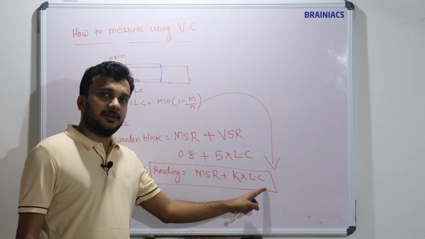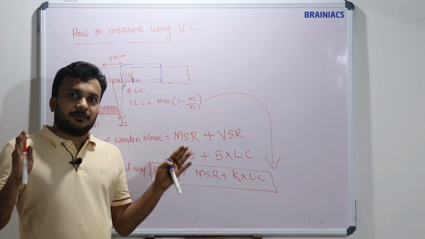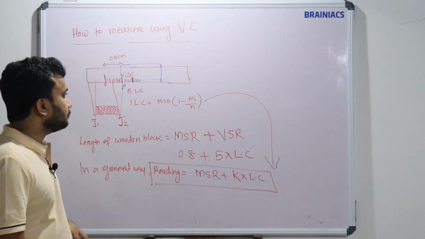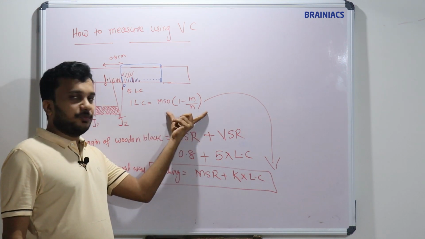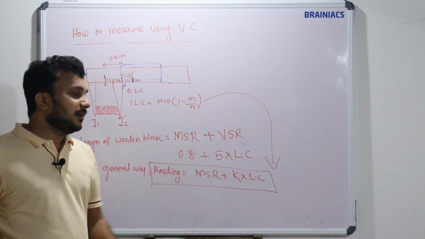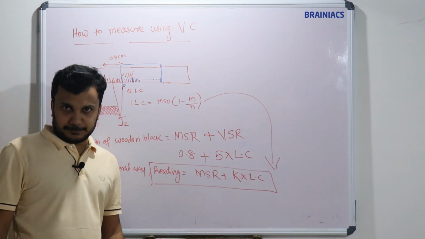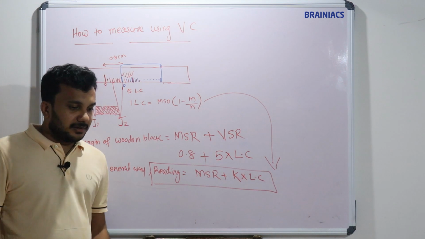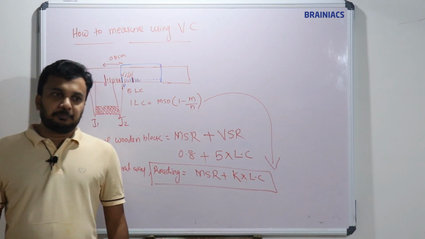You know how to calculate the least count; we have to substitute. So in short, in the entire vernier caliper topic, we have two formulas. One, the least count, and the other, how we can measure the reading of an instrument. Okay, ready. I hope you will do this experiment in your first year lab.